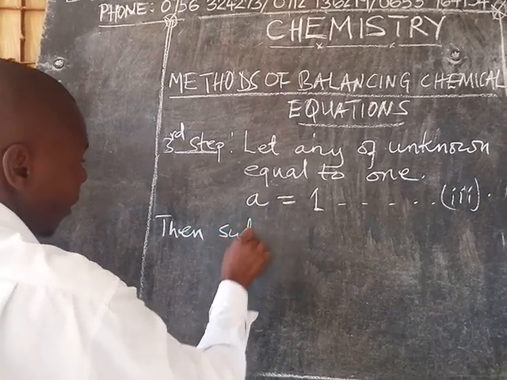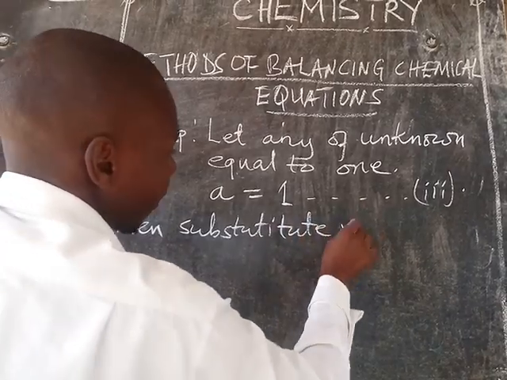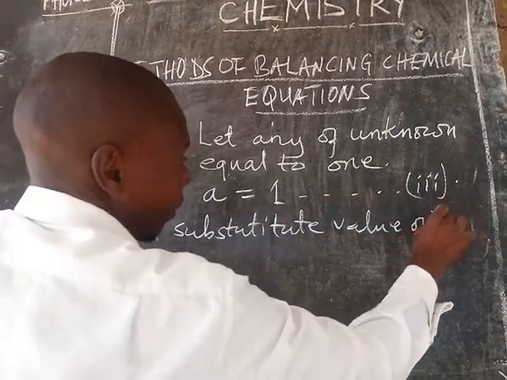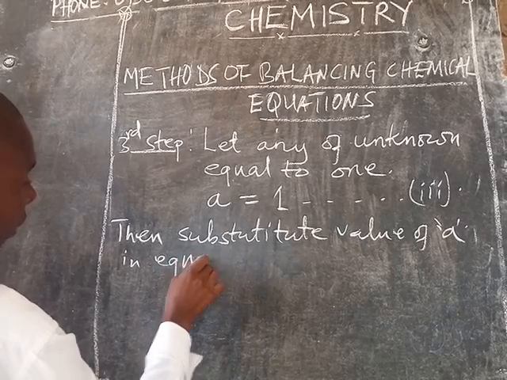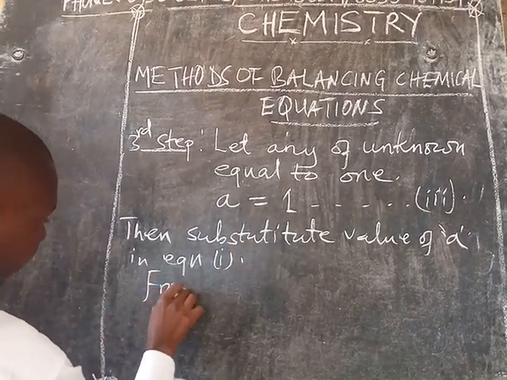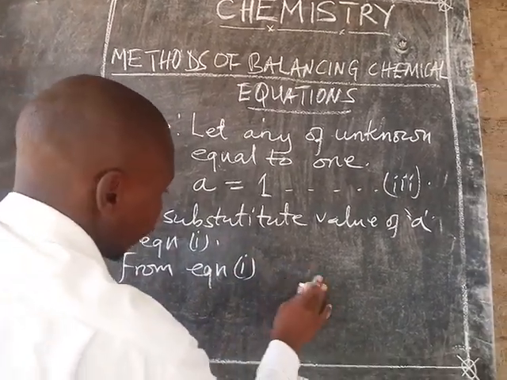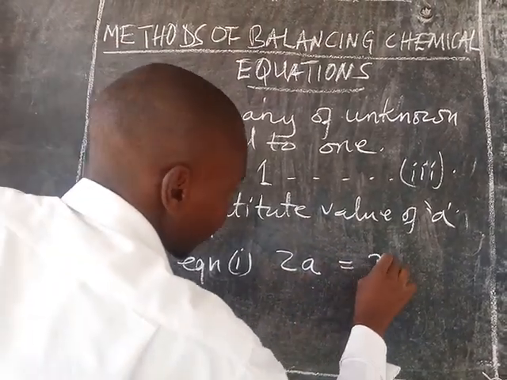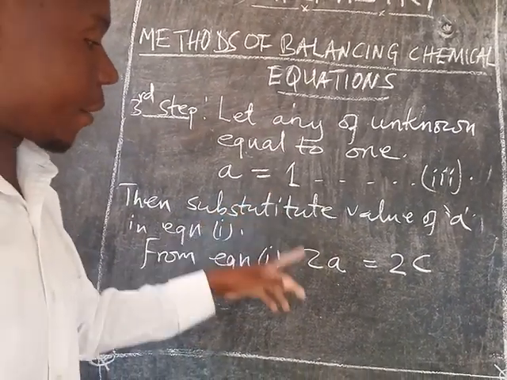Then substitute the value of A in the equation. So from equation 1, which is 2A is equal to 2C, but the value of A is equal to 1.